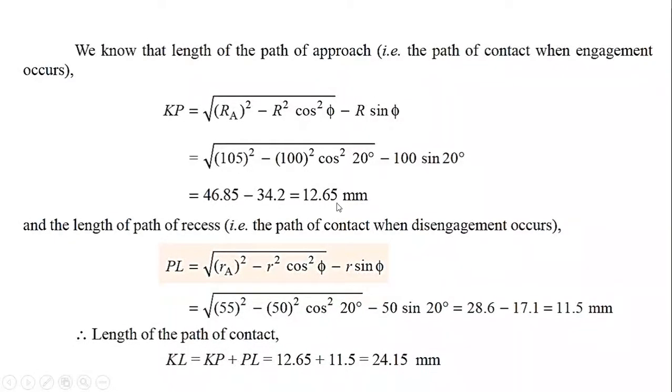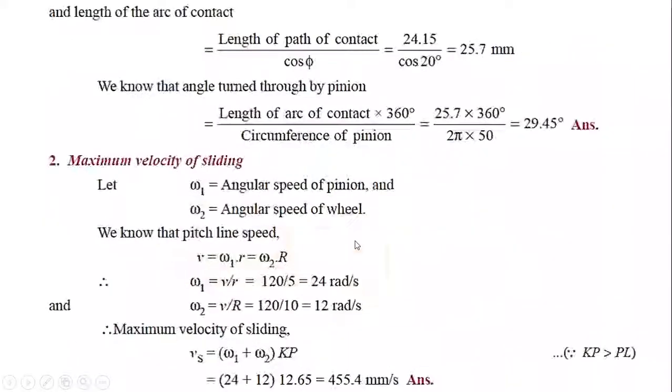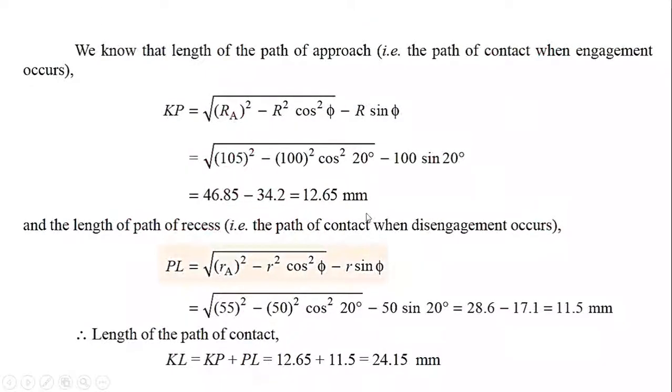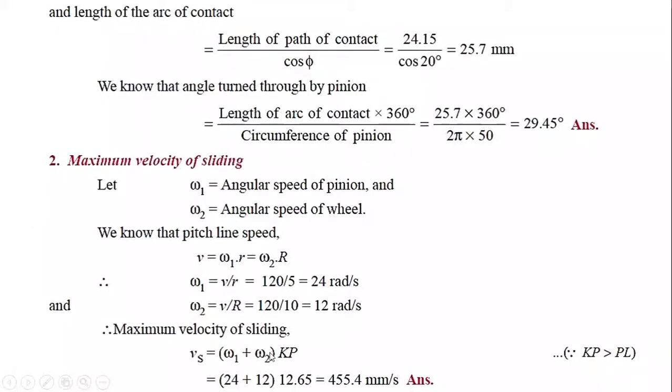Here KP is 12.65 and PL is 11.5, so KP is greater than PL and we use KP in this formula. If suppose PL value is 12.65 and KP value is 11.5, then use the PL value. This is the maximum velocity.